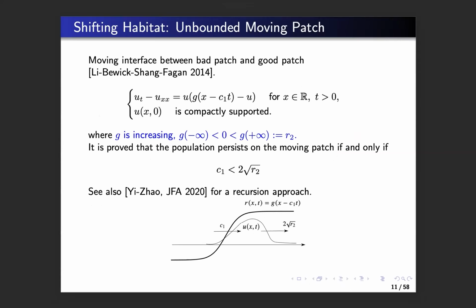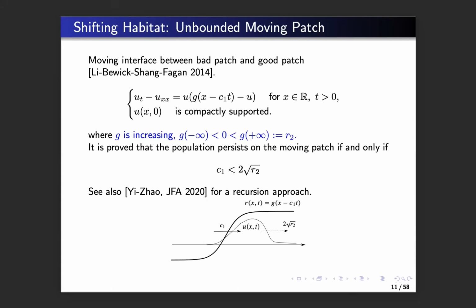Or more general. Okay, in this case, the first result in unbounded domain seems to be this paper by Li, Bewick, Shen, and Fagan. They considered a case when G is monotone, connecting a negative habitat, an expanding negative habitat, and a shrinking positive habitat. Okay, and their result can be simply stated as follows.